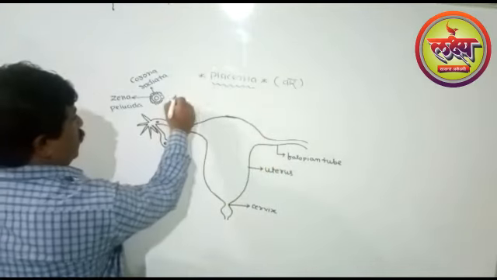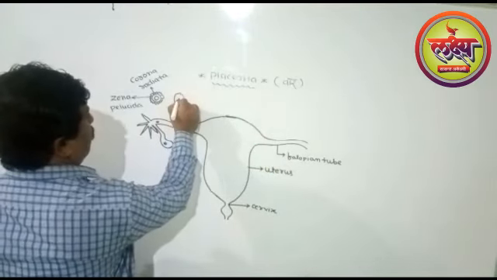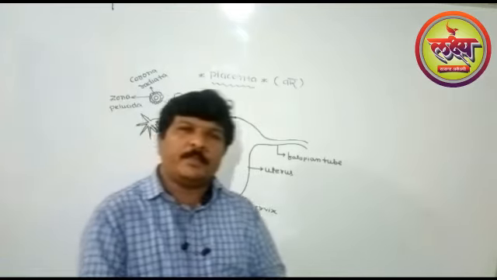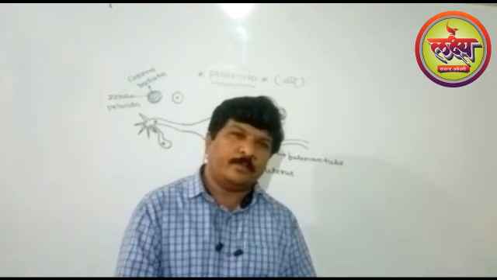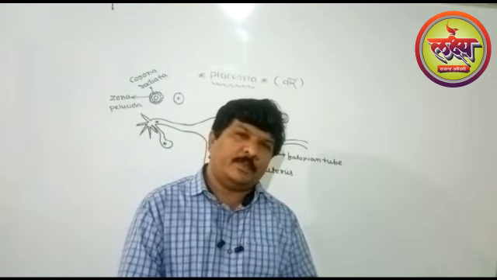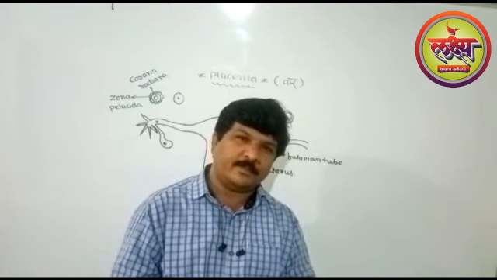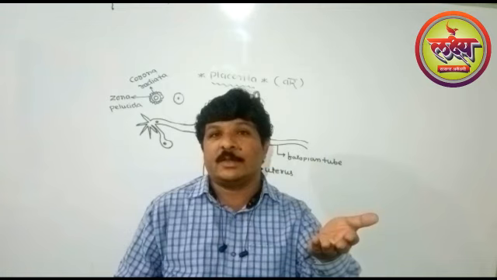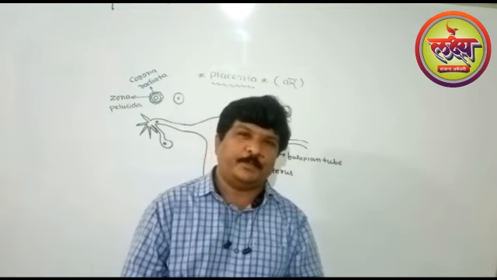This diploid zygote undergoes mitosis or cleavage, and by the cleavage it forms a 2-cellular structure, then a 4-cellular structure, then an 8-cellular structure, and a 16-cellular structure.